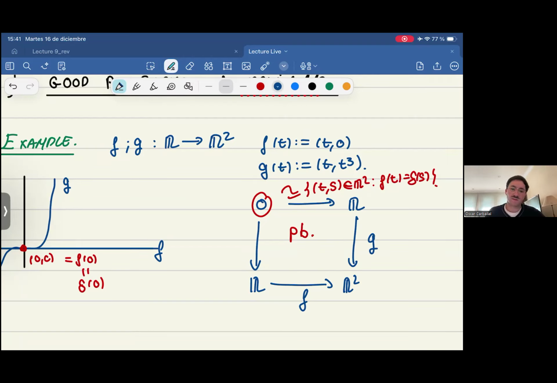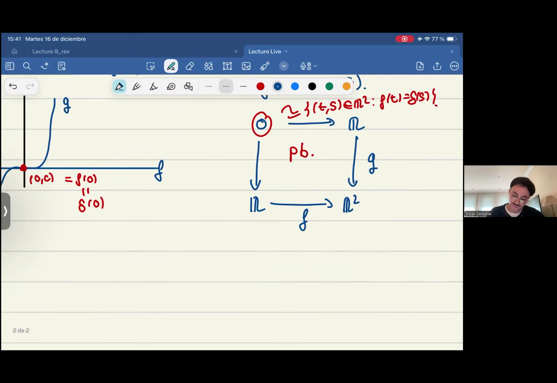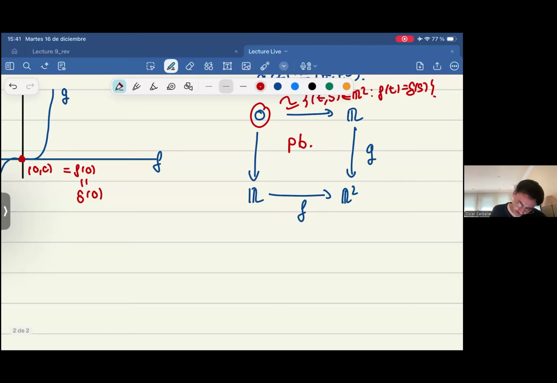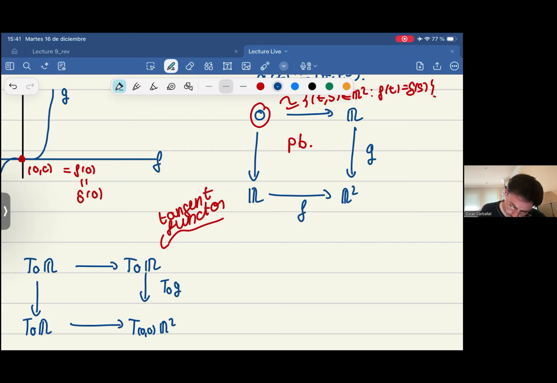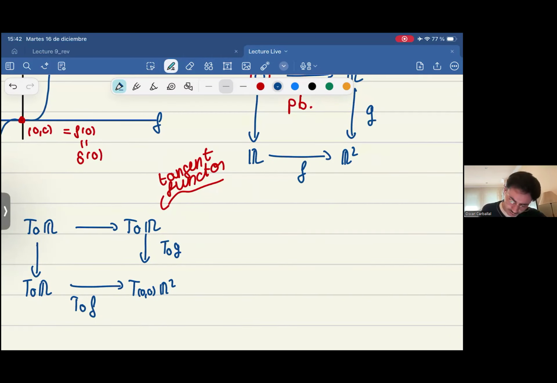But the point is that when we apply the tangent functor to this pullback at the point 0, the resulting diagram, taking the tangent map of g at 0 and the tangent map of f at 0, is not a pullback.